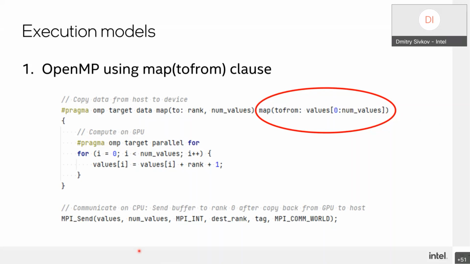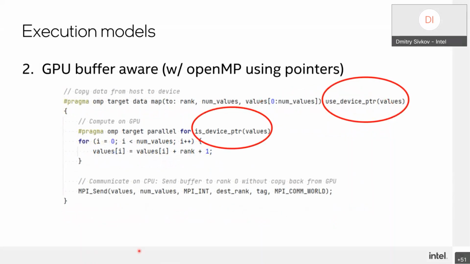But MPI knows where values are located. And the second method is OpenMP using device pointers. As Alina described today, how to use device pointers in OpenMP offload in a Fortran application, the same can be used in C and C++ applications, and it can also be used with Intel MPI.